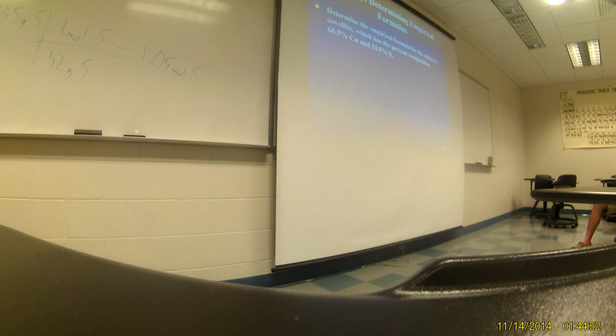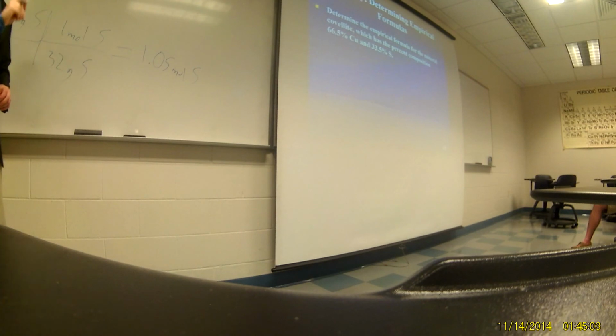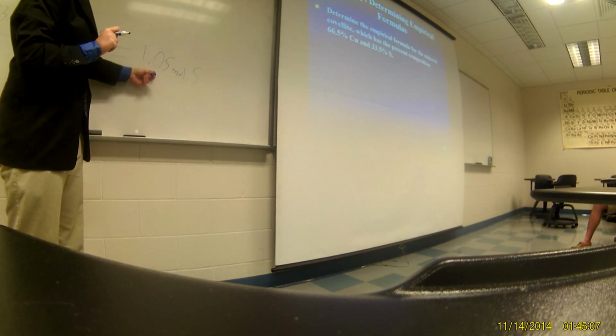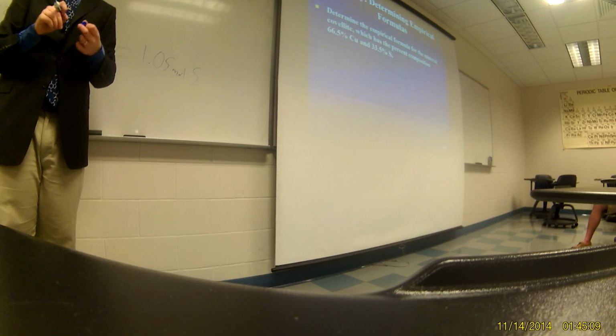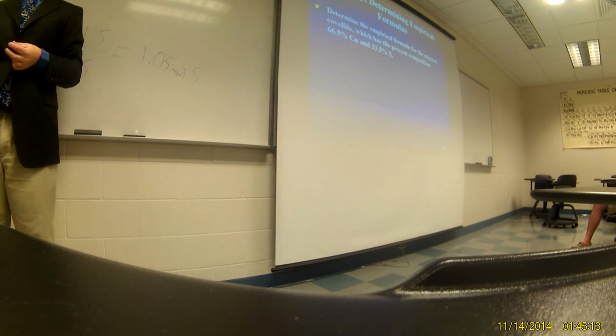No. Divide by the smallest one. This is a step a lot of people like to skip. What people like to do is say, well, that's close to 1, round it to 1. That's close to 1, round it to 1. I'm done. In this case, that's where we're going to end up.